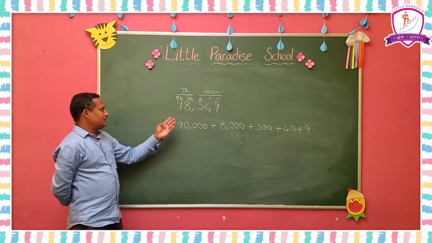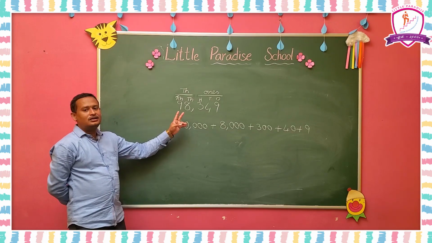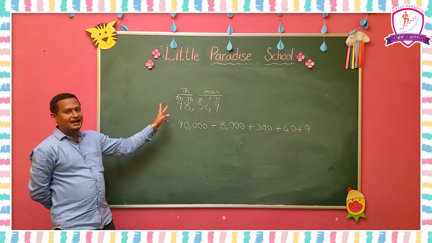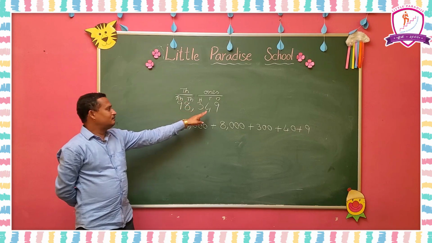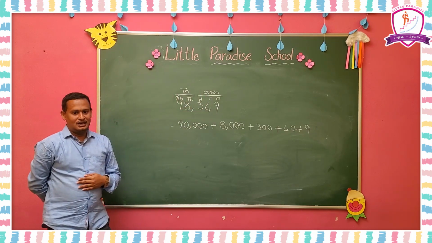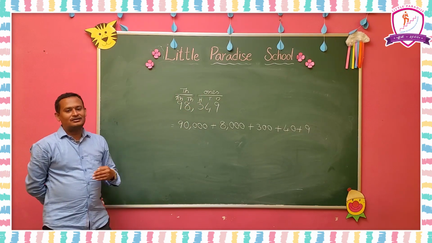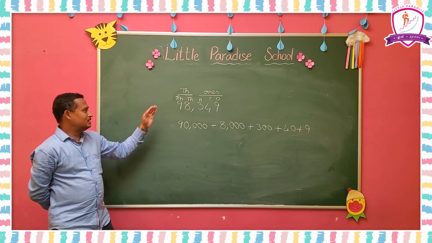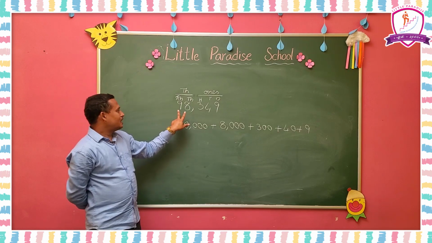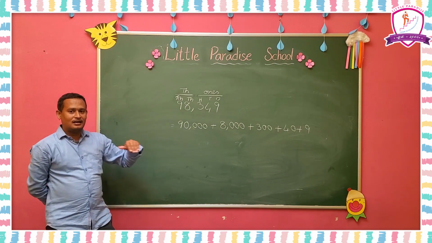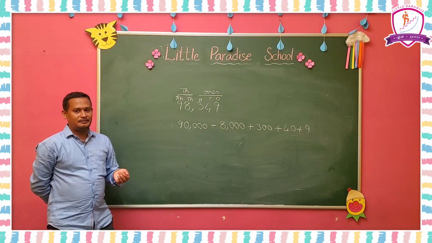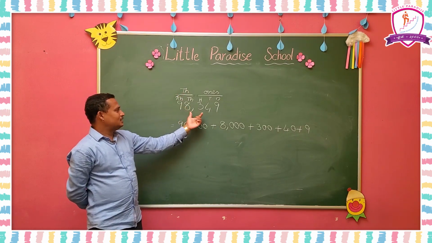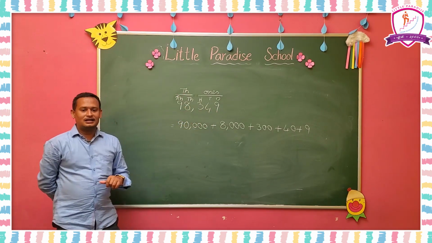So we can read 9 and 8 together, we have to read 98,349, like that we have to read, and like that only you have to write the number name also. When you are writing the number name for this, you have to write according to the periods you read. So 98,349, like that you have to read.